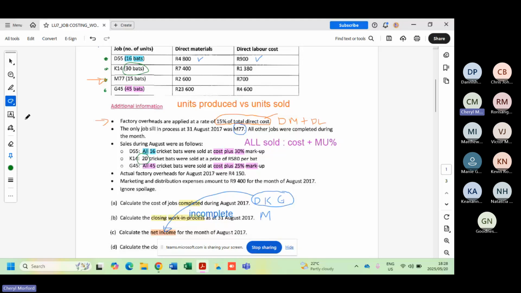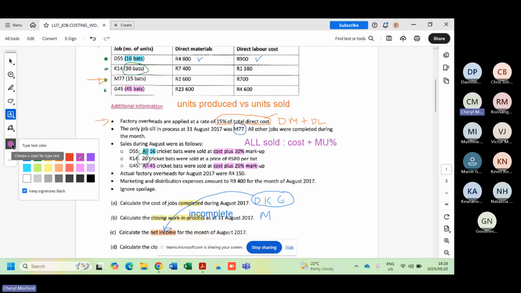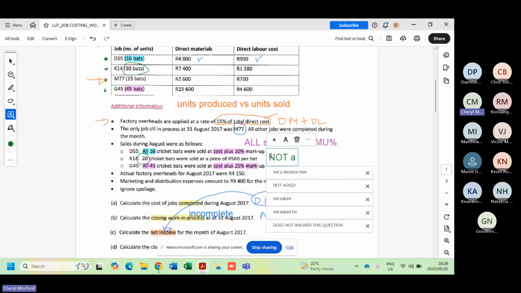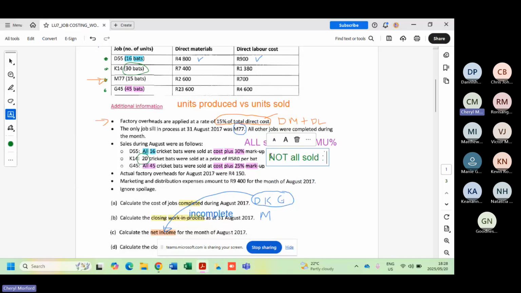So what we're then going to do, I need to finish my typing over here. We're going to say if they are not all sold, what are we going to do then? Okay. It will be the units sold.